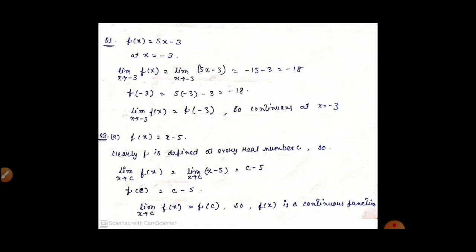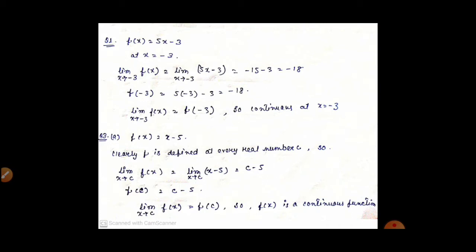So the difference between question number 1 and question number 3 is, in question number 1 they have mentioned at which point we have to find the continuity. Suppose in question number 1 they have given find the continuity of the function at x equal to 0, x equal to minus 3 and x equal to 5.